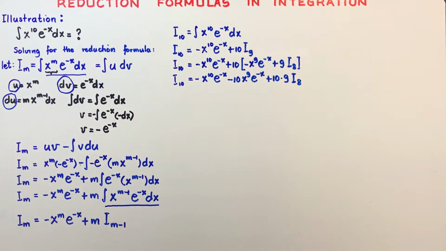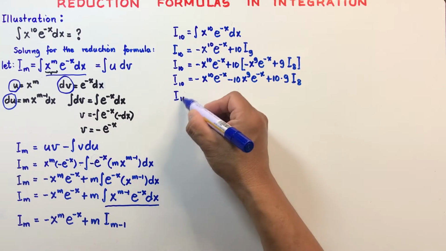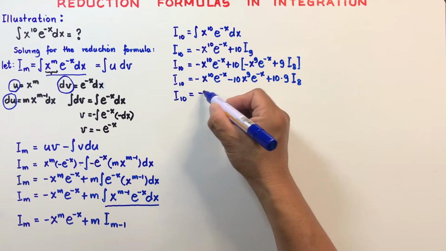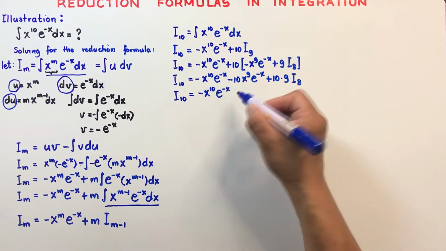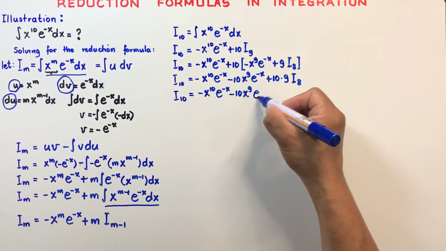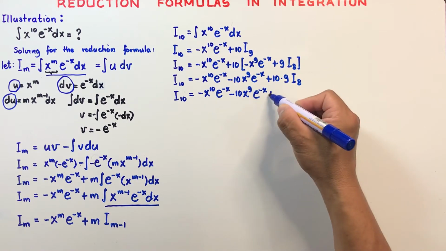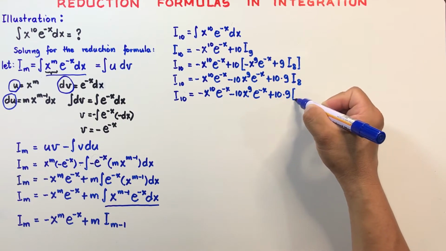And applying again I sub 8, we have I sub 10, which is equal to negative x to the power 10 e to the negative x minus 10 x to the power 9 e to the negative x plus 10 times 9 times your I sub 8.